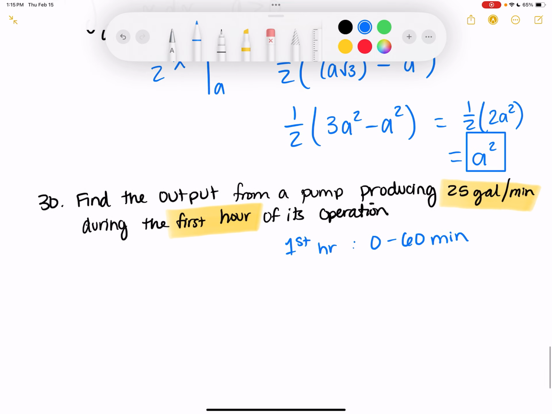So the way we do this is we have an integral from 0 to 60, the lapse of time, of 25. And because it's time, we'll do dt. Now, theorem 2 is the constant theorem. So now that it's set up, how would I solve this using that theorem?